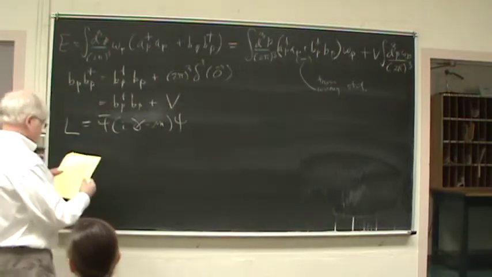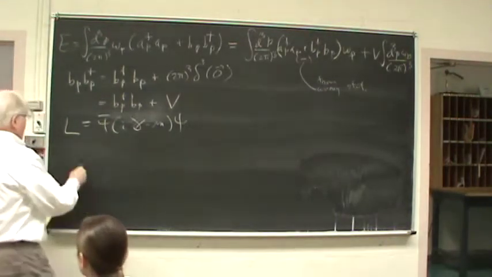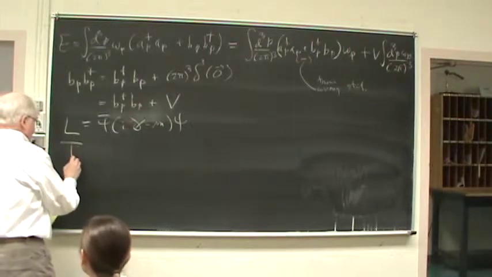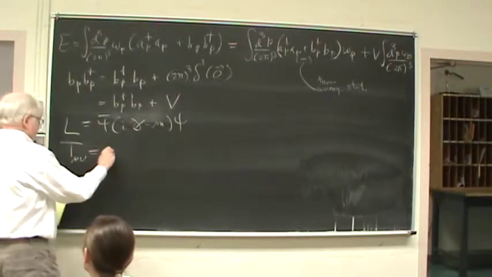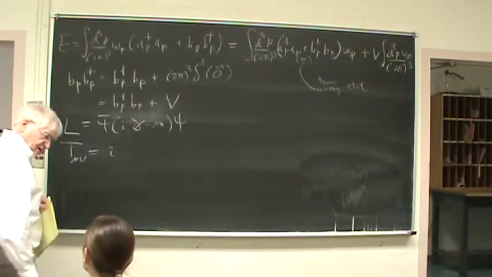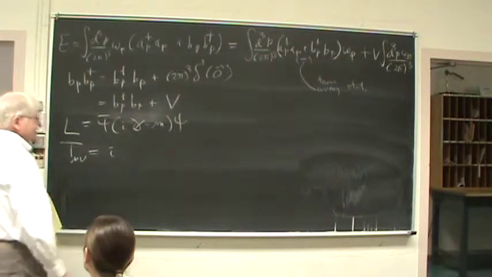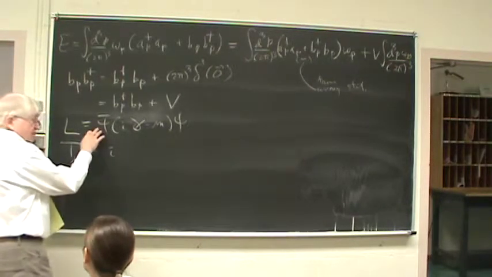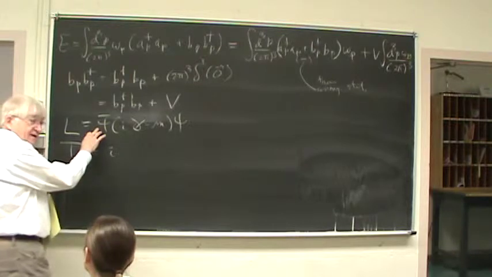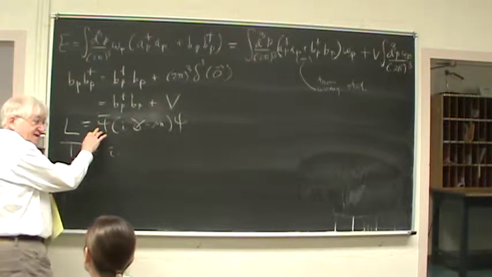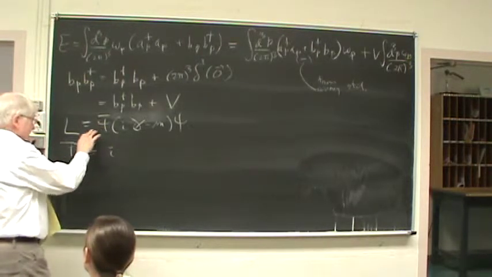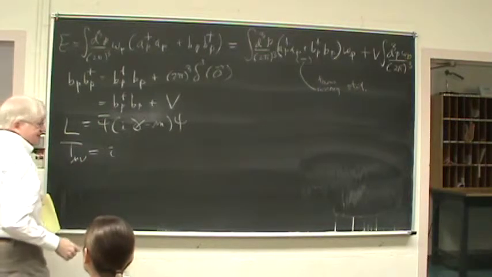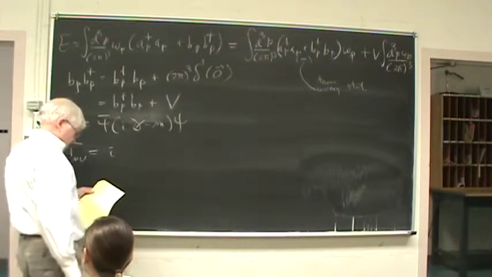Anyway, so what's T mu nu in this case? One of the awkward things about fermions is that even deriving the Dirac equation from the Lagrangian is not a trivial matter. Deriving the Hamiltonian from the Lagrangian is not trivial. Everything is kind of confusing.